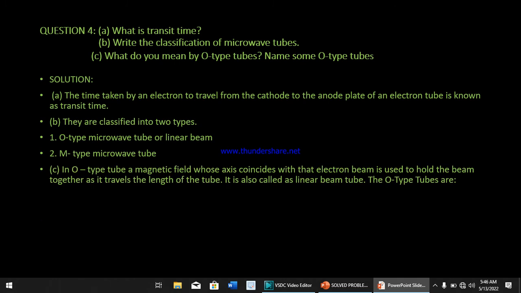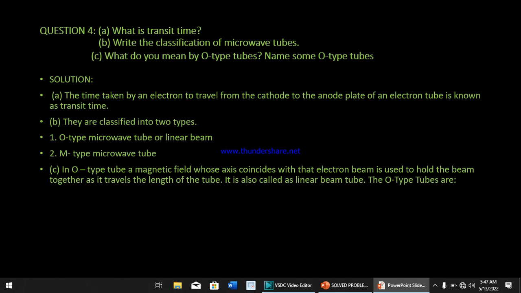Okay, the C aspect. In an O-type tube, a magnetic field whose axis coincides with that of the electron beam is used to hold the beam together as it travels the length of the tube. It is also called a linear beam tube.